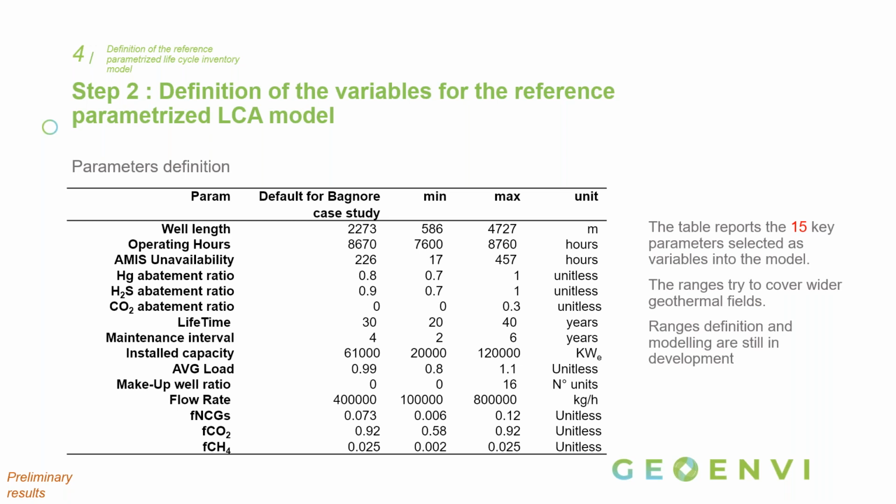And also the composition of the non-condensable gas, and this model is designed to be applied in a field that has content of non-condensable gas from 0.6 to 12% of non-condensable gas, with main content of CO2 and methane, CH4.